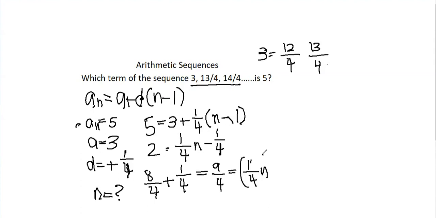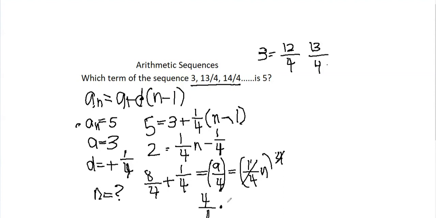In order to get n by itself, we're going to multiply both sides of the equation by 4. And I got 4 because that is the reciprocal of 1 over 4. So if we multiply each side of the equation by 4, that'll cancel out the 1/4 that's next to the n. However, we have to know that 4 is the same thing as 4 over 1.